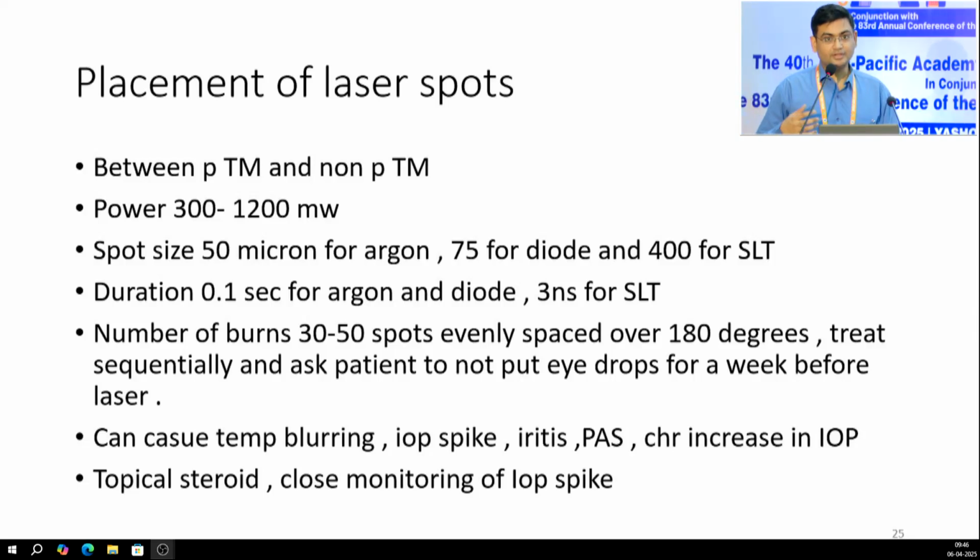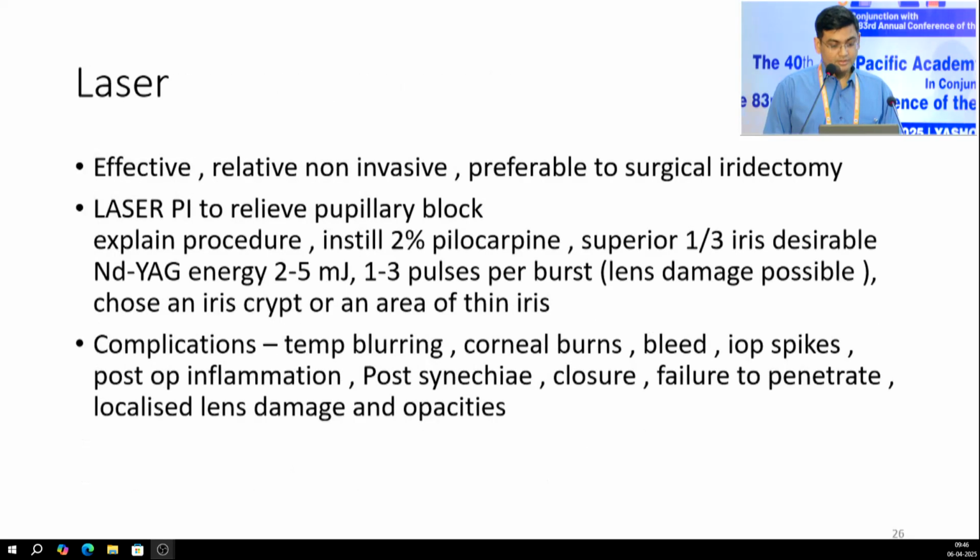I recommend that you give around half of the 360 degrees at once. Don't give the full 360 degrees in one sitting. It can cause temporary blurring, IOP spike, and some pain, or it can also lead to a chronic increase in IOP. It is effective, relatively non-invasive, and preferable to surgical iridectomy.